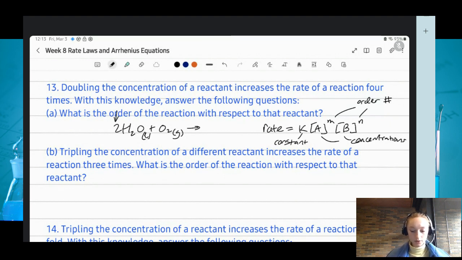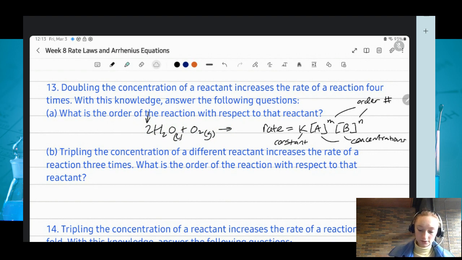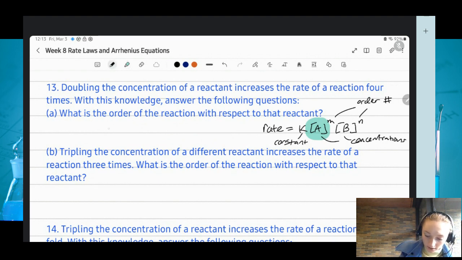But in this problem, it's asking for the order number of this reaction since doubling the concentration increases the rate by 4. So if you were to look at the equation that we just wrote, if it was A, for example, and instead of A to the power of m, it's 2A to the power of m, and then it doubled.